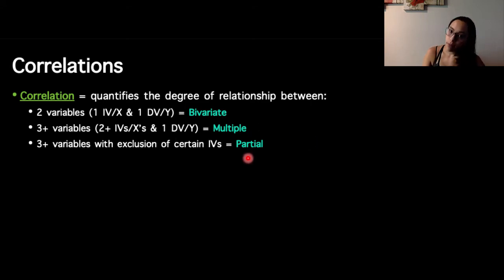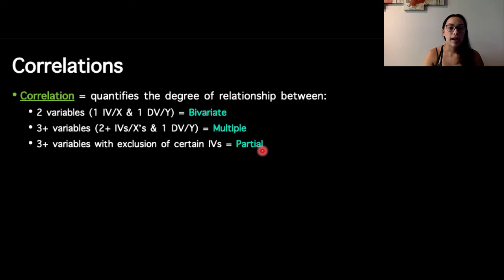We also can have partial correlations, which we don't really cover in this class because they get a little bit complicated, but partial correlations are going to be an integral part in determining regression formulas and models, which again, we'll talk about next week. But generally speaking, this is when you have 3 or more variables, right? So you could have 4, you could have 10, you could have 100, but you have multiple variables that are contributing to some degree of variation to a dependent variable, usually.